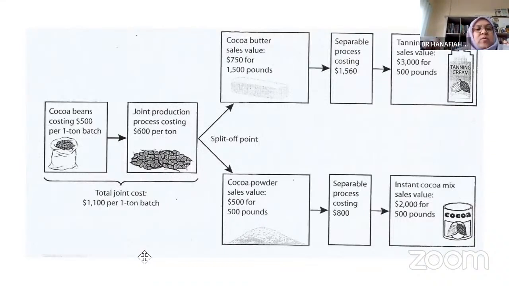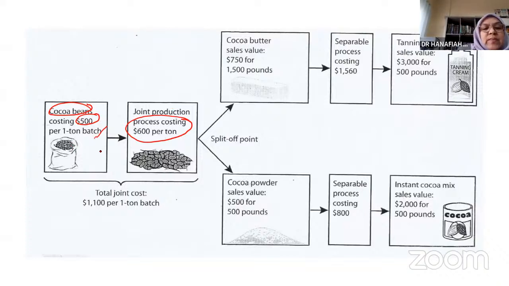Okay, so let's say you use cocoa bean in your production, all right, and it costs you 500 per ton bag, okay, and you need another material in the production, so it costs you another 600 ringgit per ton, okay.